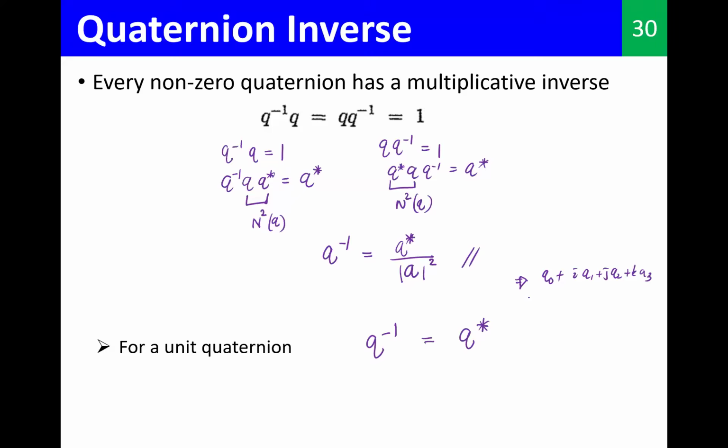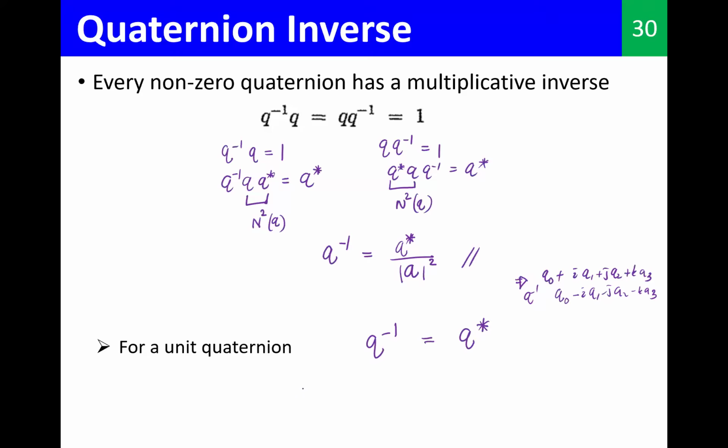So later, if you want to find Q inverse, it's very simple. It could be simply minus of the vector part, right? That's why I told you before that there are very efficient methods to do inverse rotation and so on.